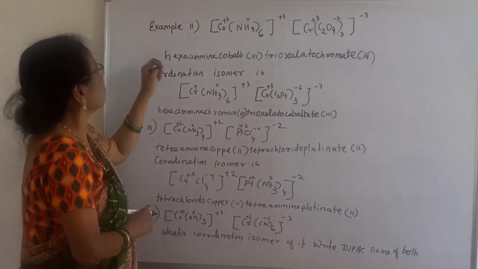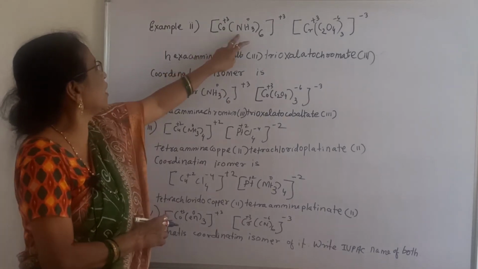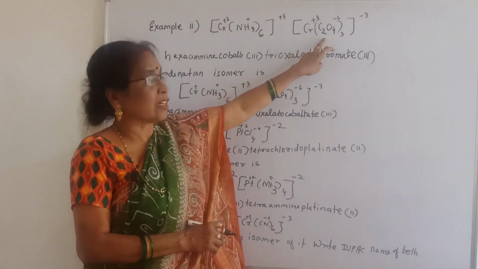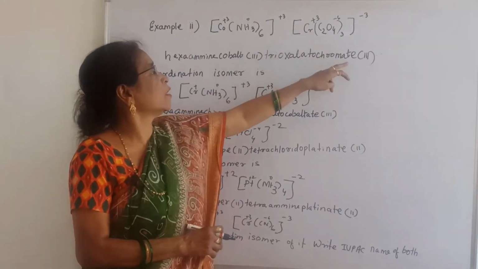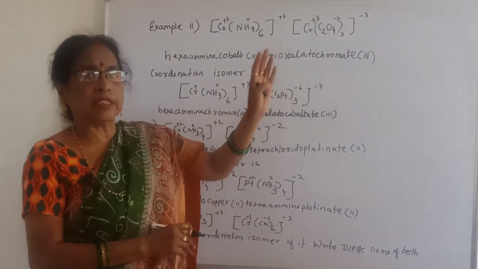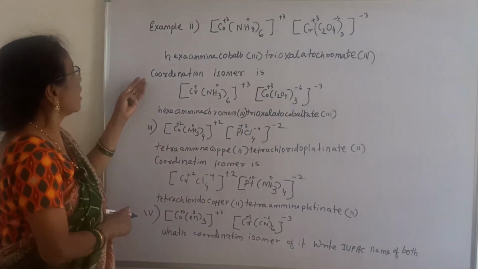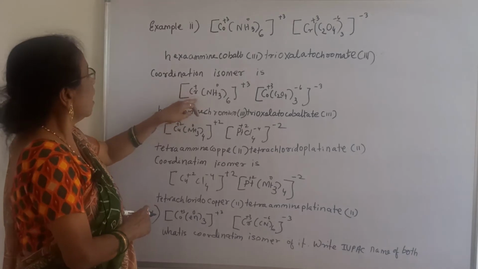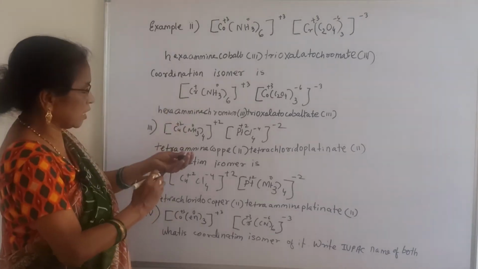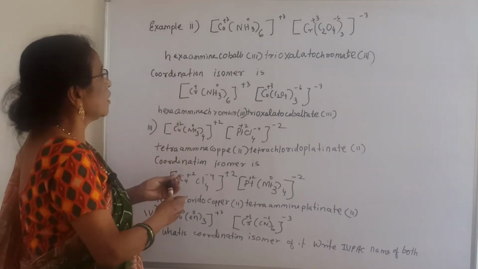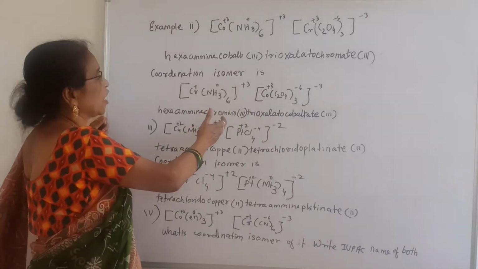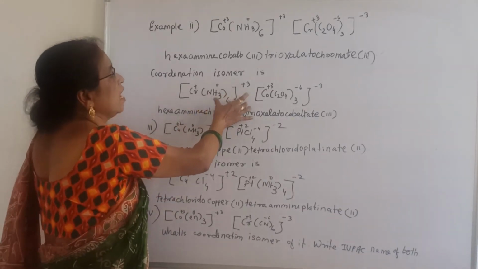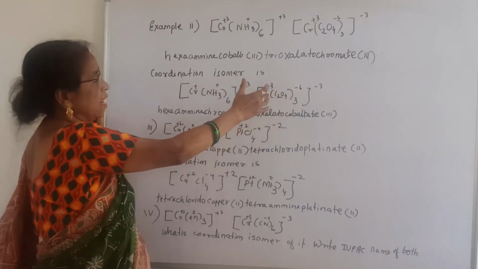Now what is the name? Hexaamminecobalt(III) trioxalatochromate(III). Chromate, because it is an anionic complex. And what is the coordination isomer of it? Here you change the Cr, that means the ligands actually interchange, but this side should be a positive, cationic complex, and this side should be a negative, anionic complex.